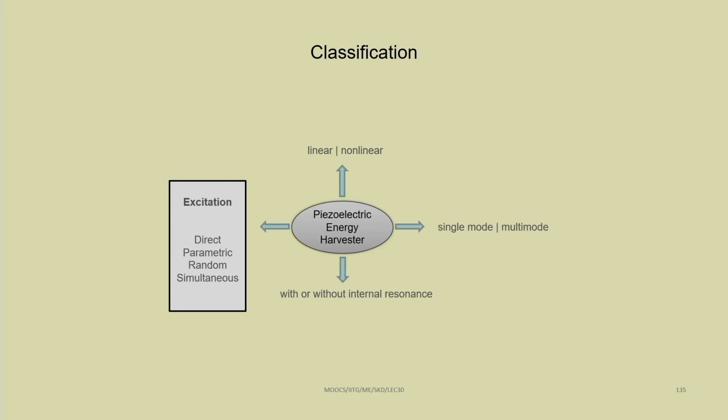Generally, when you are taking this as a continuous system, for analysis purposes it can be converted to a single mode or multi-mode, like what we have seen previously when we considered internal resonance conditions.